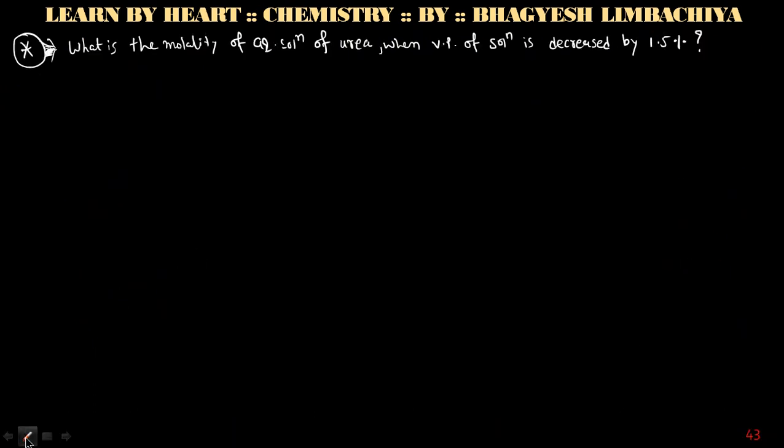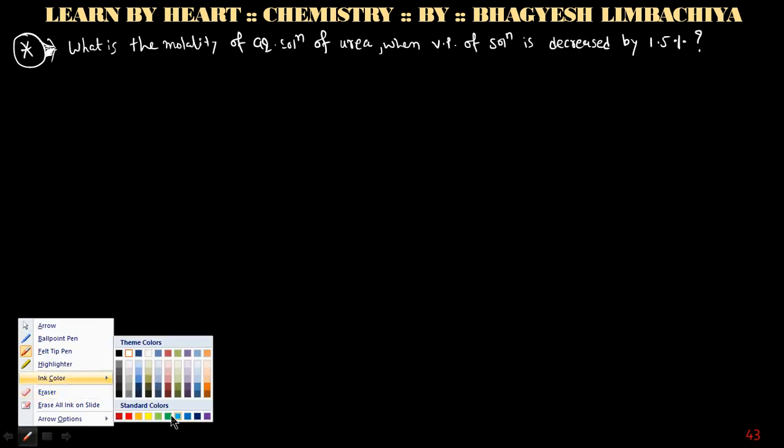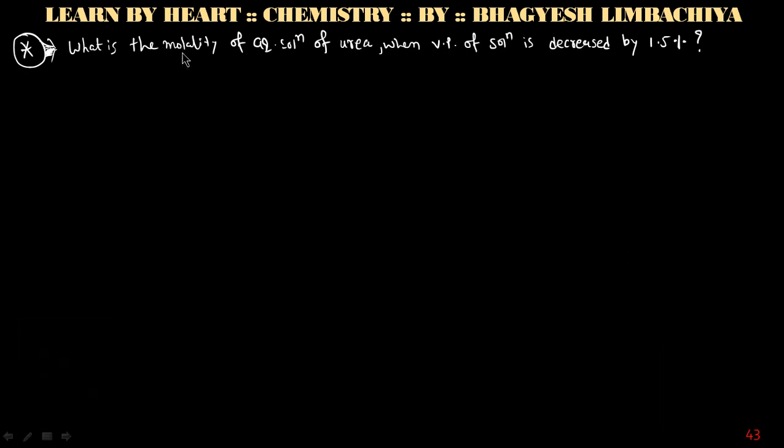Yes students, consider this question. See here you are asked molality, okay, and you are given that vapor pressure of solution is decreased by 1.5%. So vapor pressure is decreased by 1.5%.